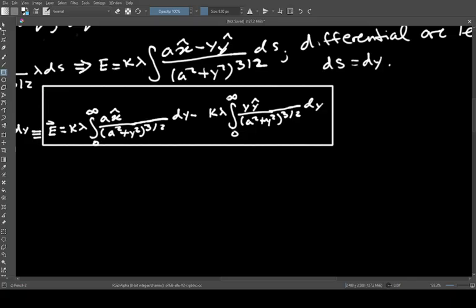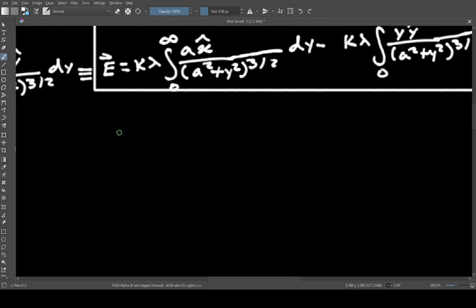Alright. So what next? Notice that the constant a can come out because we're not integrating with respect to a. And the unit vectors x-hat and y-hat also come out. So let's go ahead and do that.